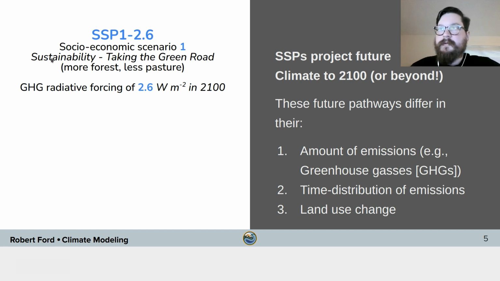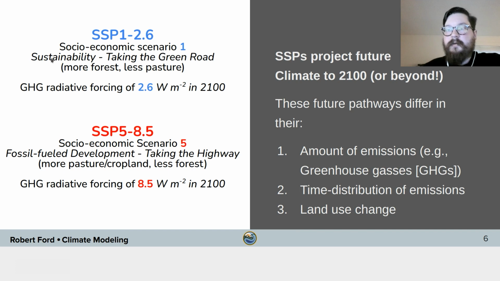The 1 refers to socioeconomic scenario 1, which is called Sustainability Taking the Green Road. This is an optimistic scenario where we gradually shift to a more sustainable path. And the 2.6 here refers to the radiative forcing due to greenhouse gases in units of watts per square meter at the year 2100.